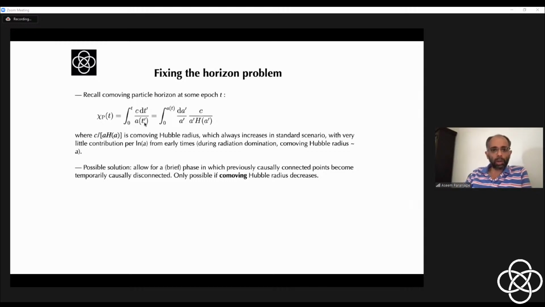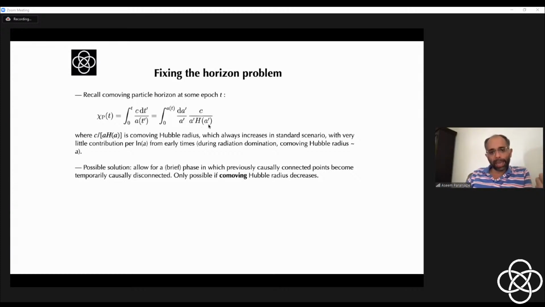So here is the particle horizon again, written in this way, 0 to t, and now I have written it in terms of the scale factor. So I have an integral which goes like dA over A times C by AH. This C by AH, remember I told you that C by AH is the Hubble radius at any given epoch.